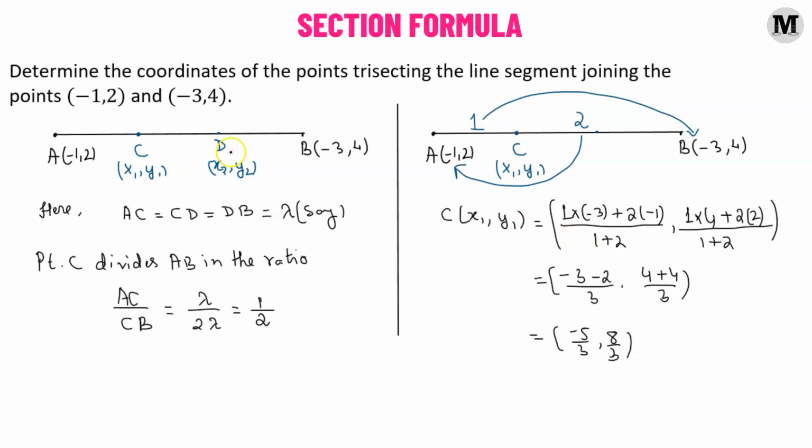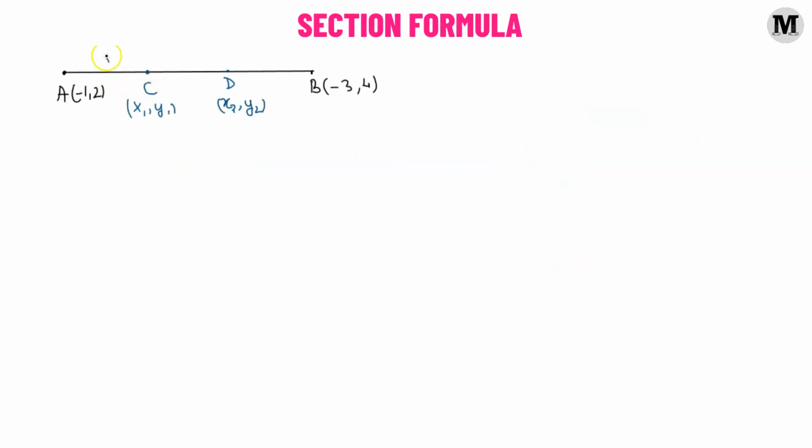Next, we'll find the coordinates of point D. Since we have already chosen that AC is lambda, CD is lambda, and DB is also lambda, this time we will say that point D divides the line segment AB in the ratio AD to DB. Now what's AD?